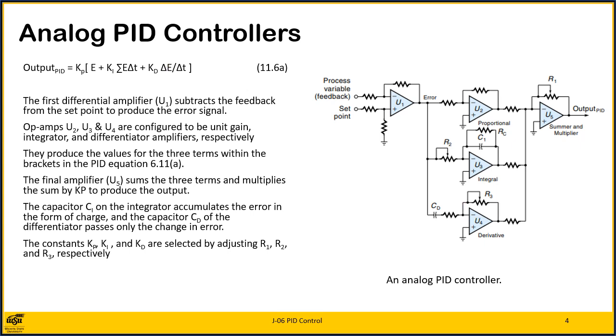The circuit shown here can exactly implement the PID equation, but practical considerations usually complicate the picture. For example, all real amplifiers have an upper and lower limit, at which point they become nonlinear. Large and rapidly changing error signals may cause either the integrator or the differentiator amplifier to saturate. Should that happen, its output will temporarily dominate the output signal and may cause the system to go unstable.